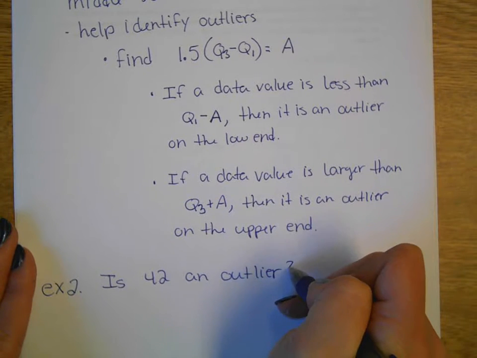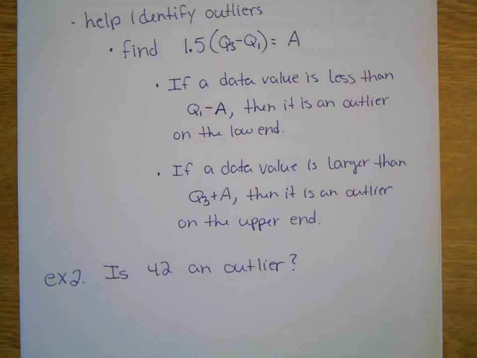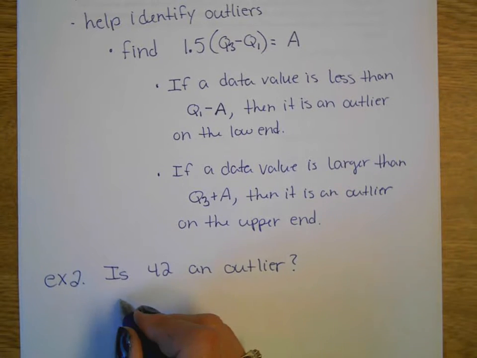Is this gonna take a lot of space? Just 2 calculations. Is 42 an outlier? That's our question. So this is what we've got.